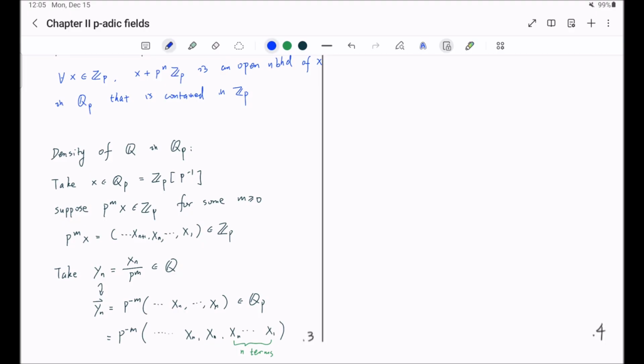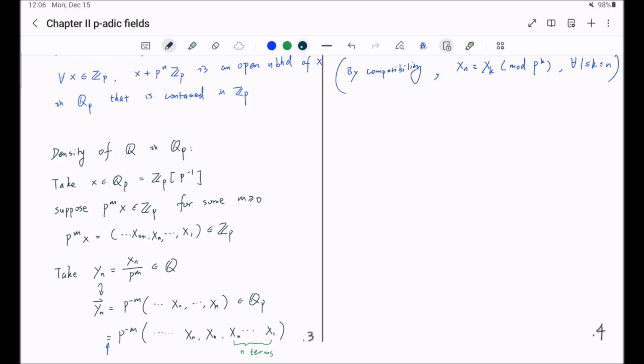So this is by the compatibility, because this infinite vector lives in Z_p. So the compatibility tells us x_n is congruent to x_k modulo p^k, or in other words, in the group A_k, they are the same. This is for all k between 1 and n.